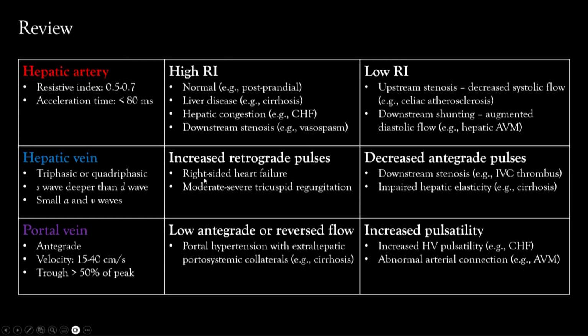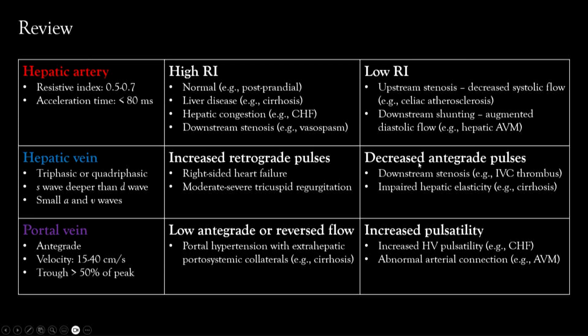So it's going to make you think of right-sided heart failure due to whatever cause, or moderate to severe tricuspid regurgitation. Sometimes these things coexist. Patients get really dilated right ventricles, and then the tricuspid valve leaflets won't coapt properly.